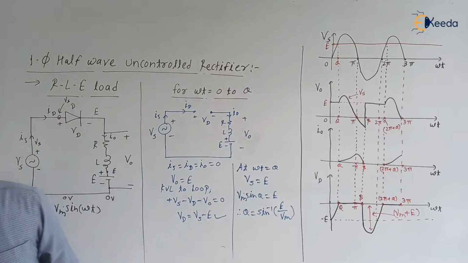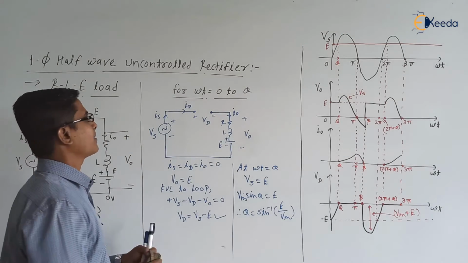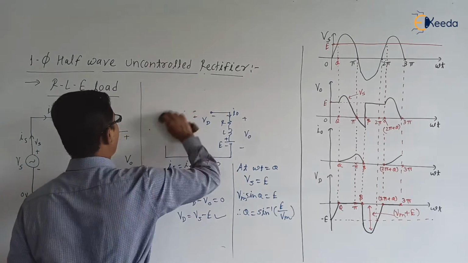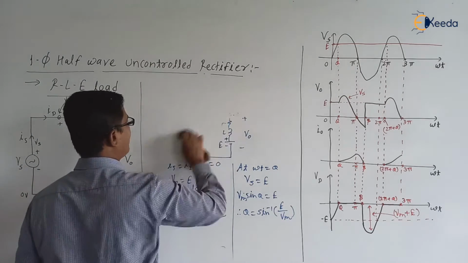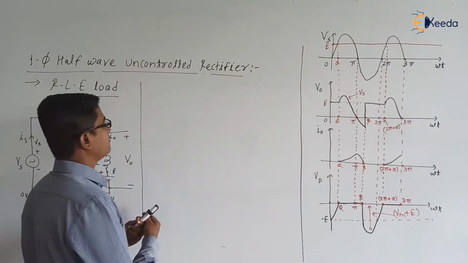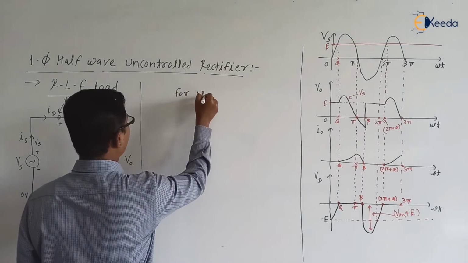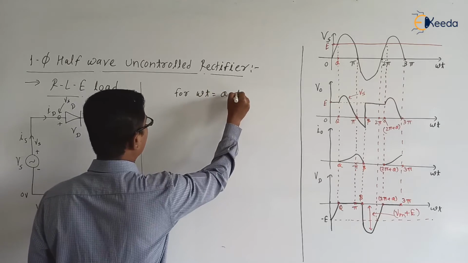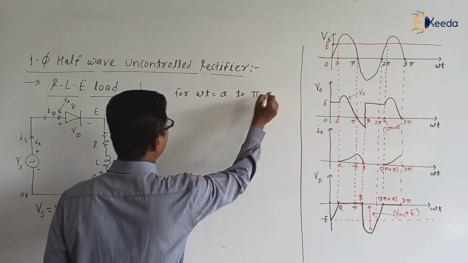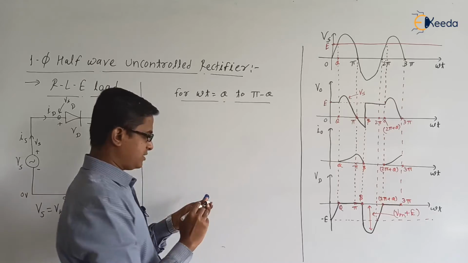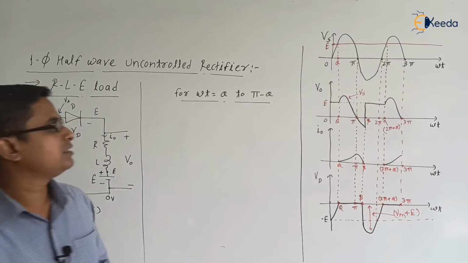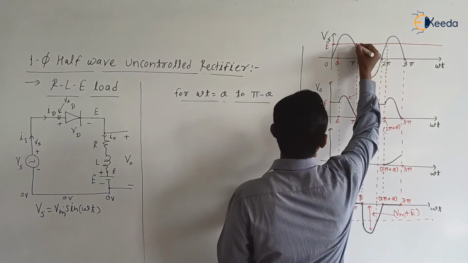Next, from omega t equal to theta to pi minus theta, let us discuss. Pi minus theta means this instant we are having.